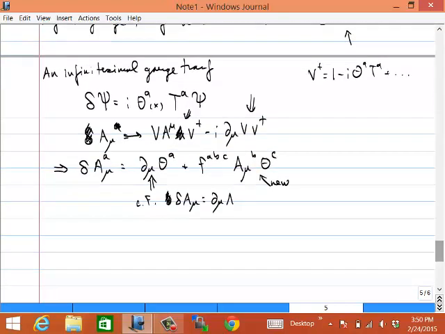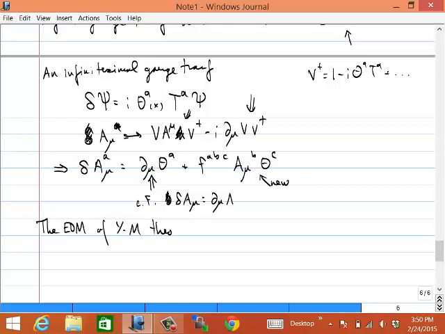The first comment I'll make, and this is something that I think I'll have you prove on your next problem set, is that the equations of motion of Yang-Mills theory follow from the Lagrangian: 1 over 4g squared trace F mu nu squared, minus the matter term involving the appropriate covariant derivatives.